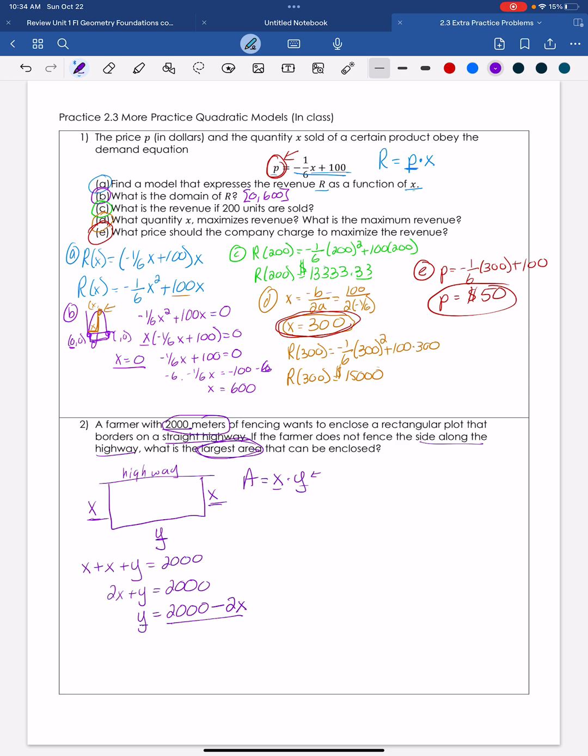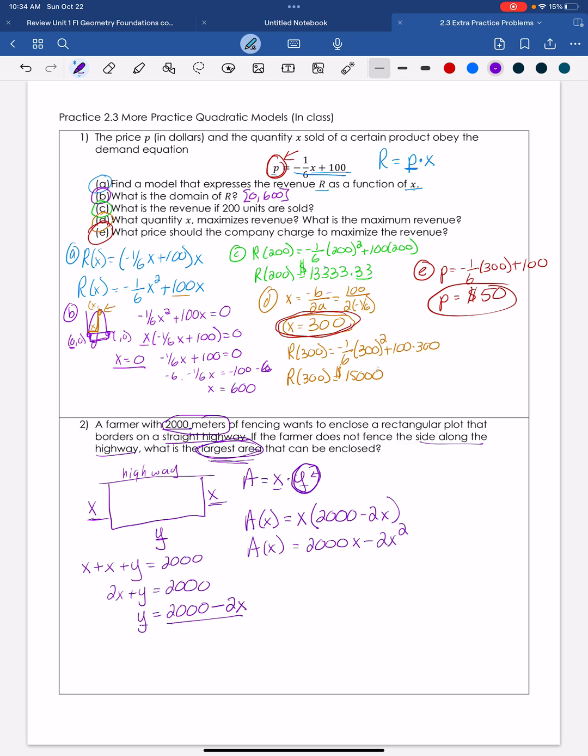So I replace this Y. This is going to be A of X because I'm going to turn it into a function of X where I only have X as a variable. A of X is equal to X times (2,000 minus 2X), so A of X is going to be 2,000X minus 2X squared.